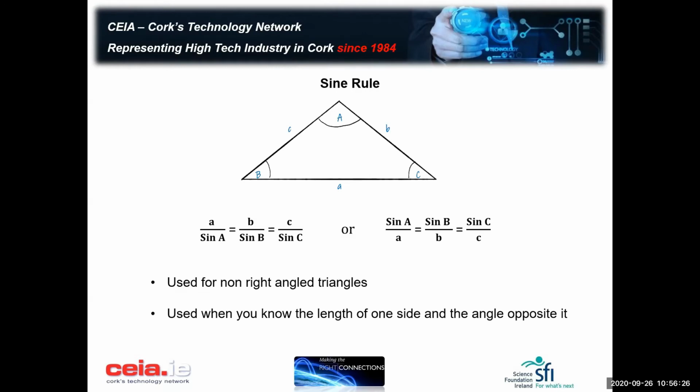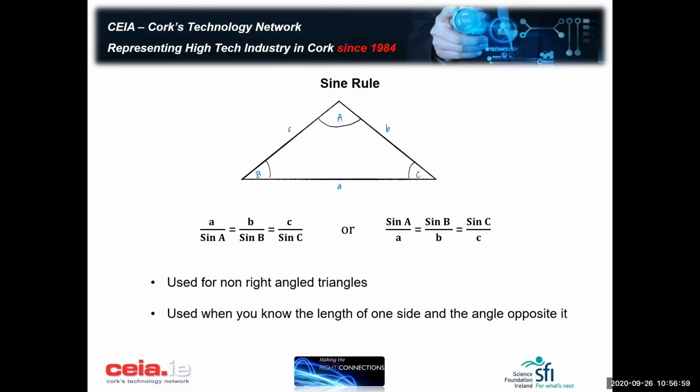So the sine rule is used extensively in problem solving, but is used for non-right angle triangles. So again, you'll see the same method of denoting angles and lines that we used earlier. So large A is opposite line small a.